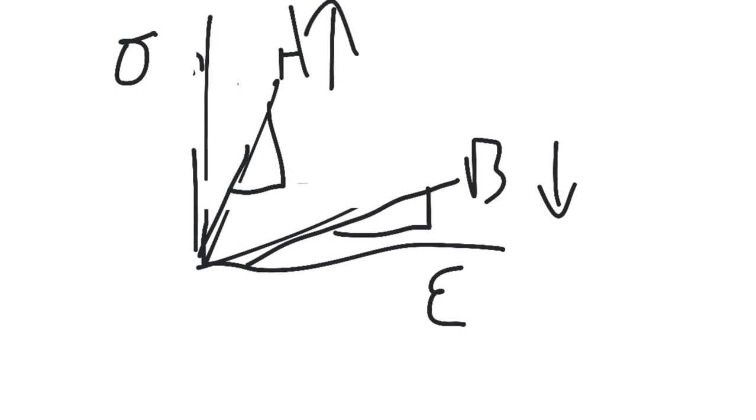And so the gradient on a stress strain graph is the Young modulus. I'll say that again: on a stress strain graph, the gradient is the Young modulus. And since the Young modulus is a measure of stiffness, the greater the gradient, the greater the stiffness. That's very important that you're aware of that as a property.